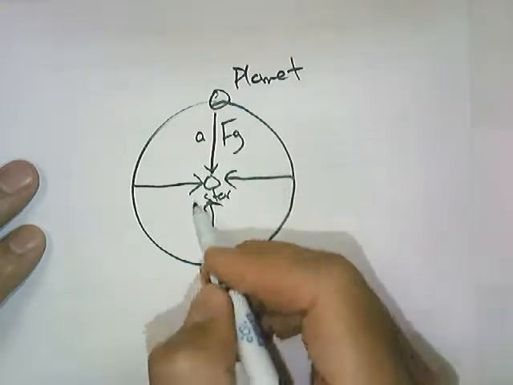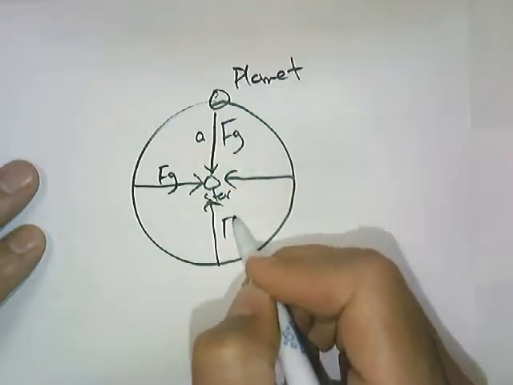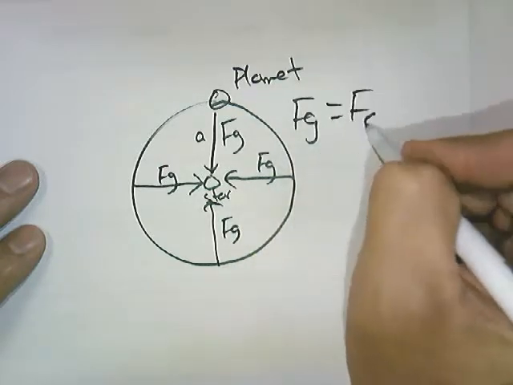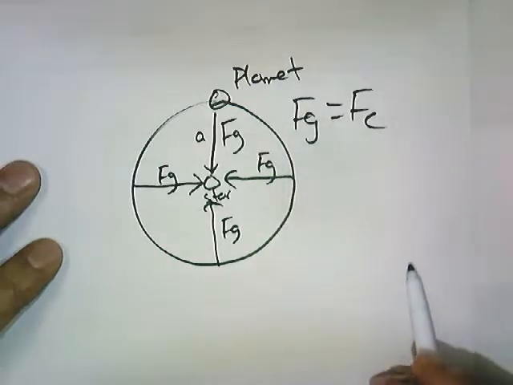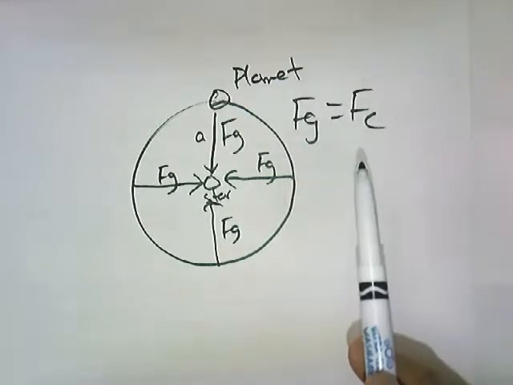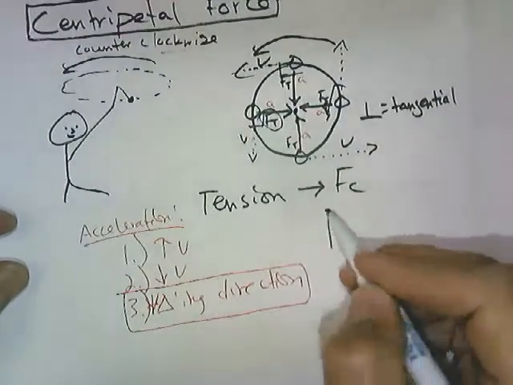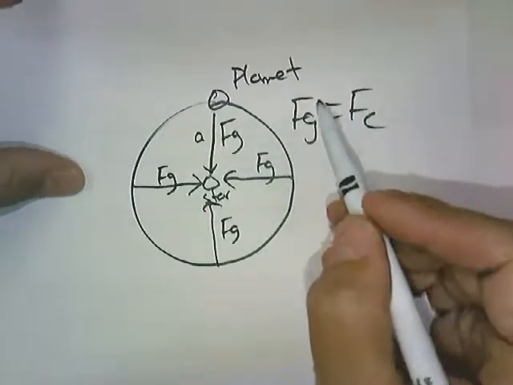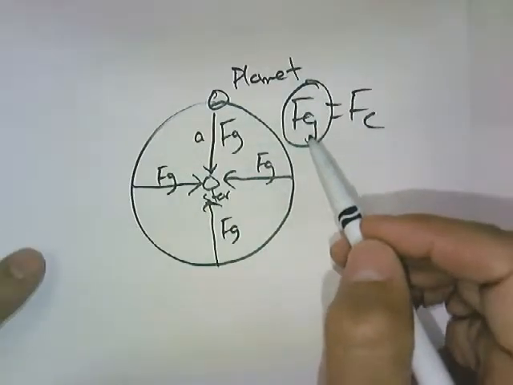F of G, the force of gravity, is providing the centripetal force. So here we have the force of tension providing the centripetal force, and here the force of gravity providing the centripetal force.